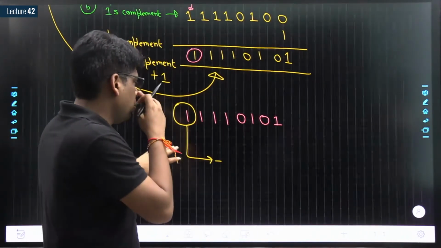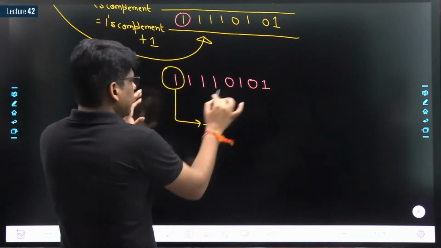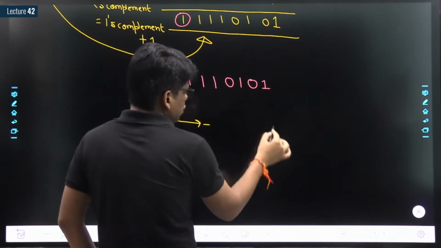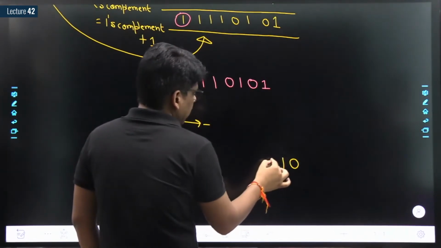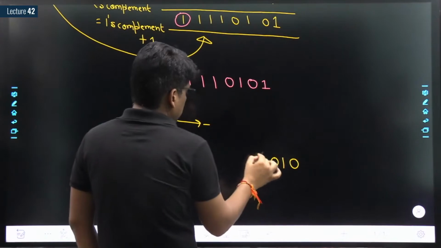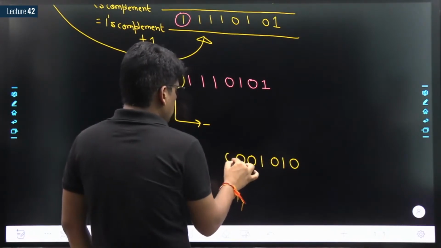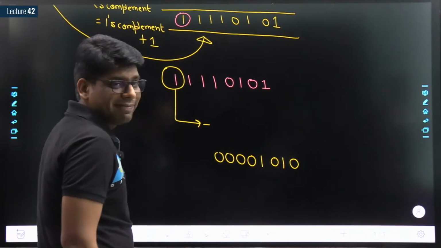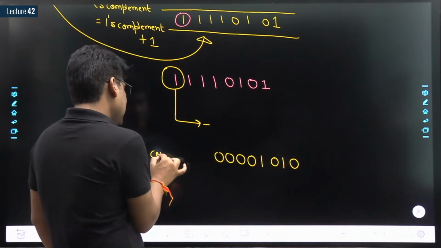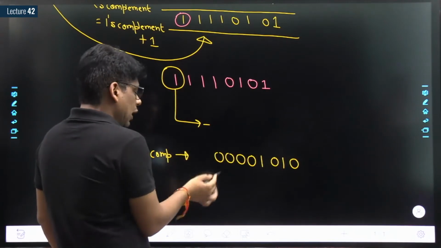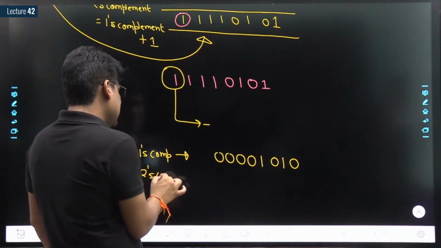Let me try to find it out. Sir, how can we find the 2's complement? First, let me find the 1's complement. If it is a 1, make it 0. If it is a 0, make it 1. 0, 0, 0, 0, 1, 0, 1, 0. Okay, sir. Done. This is the 1's complement. And how to find the 2's complement? Sir, just add a 1.